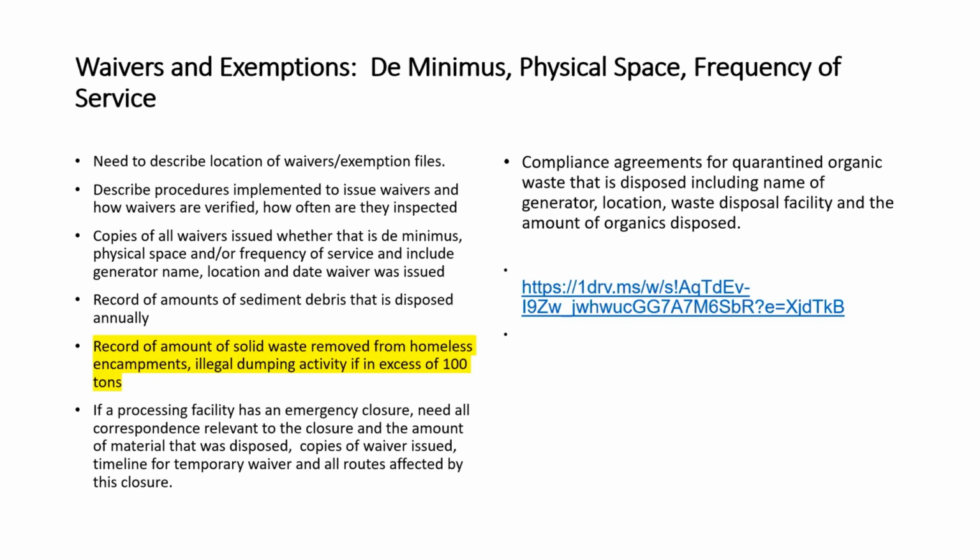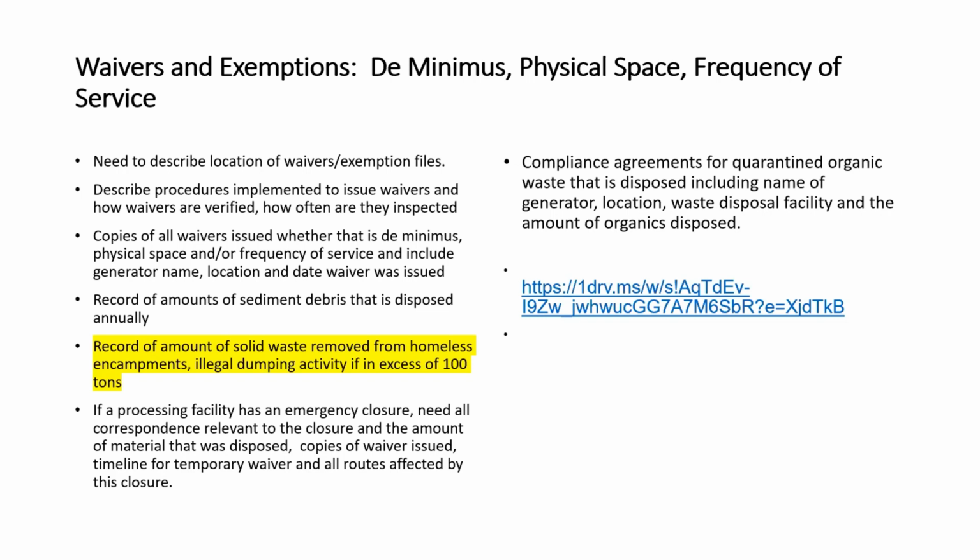That means there's just no room possible, maybe in your small alleys or even in the enclosures, whatever that's assigned to a commercial business, or a multifamily with 5 or more units, that an organics container just cannot be added onto this business's account. Rarely do you see a frequency of service waiver. However, the city does have the authority to be able to issue exemptions and waivers as a result of that.